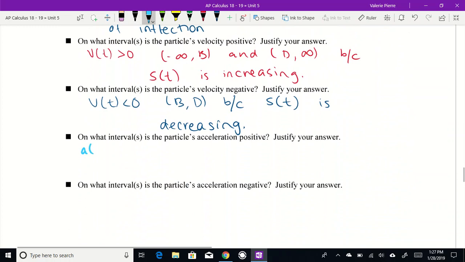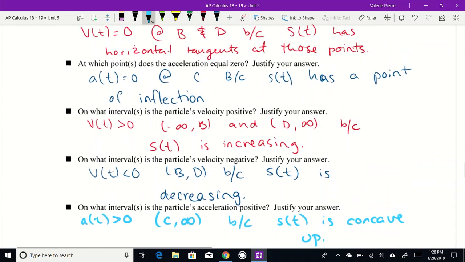So a of t is greater than 0 on c to infinity because s of t is concave up.